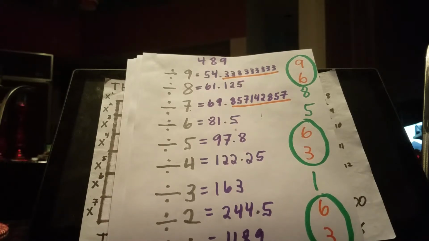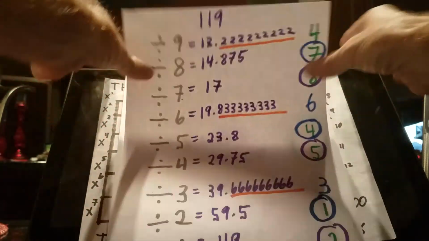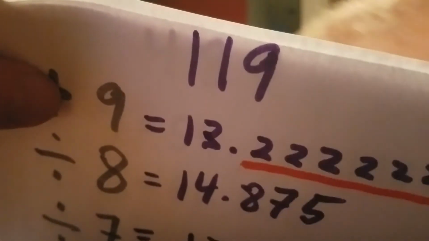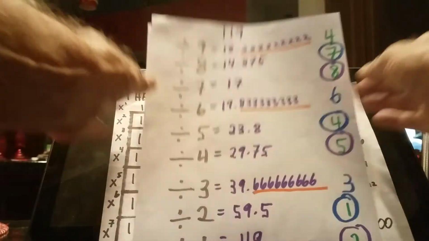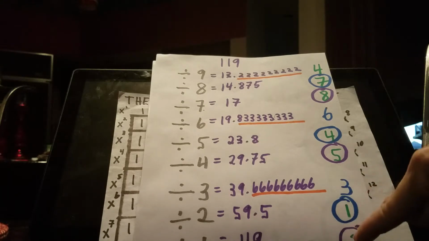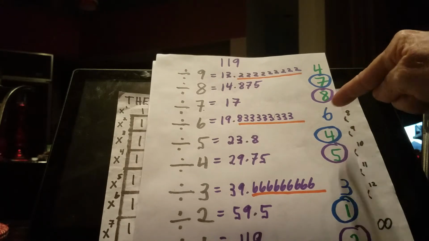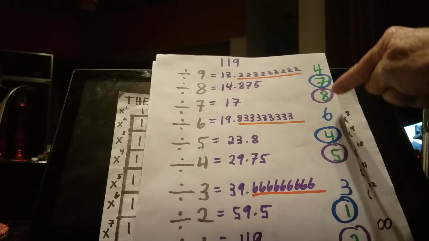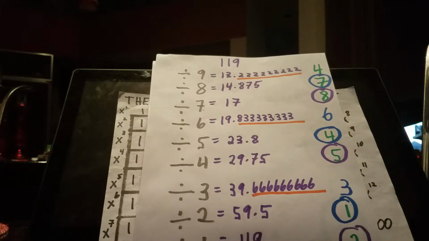Now we're going to go to the 119, and 119 is an entire row of its own, so since it'll be the same number, I just do it once, like the 189, the 119. These two are very intricately related numbers as well. So what do we have going on here? Well, we come back a little bit to the 258, because we got 258, and we come back to the 174, in this case 147.